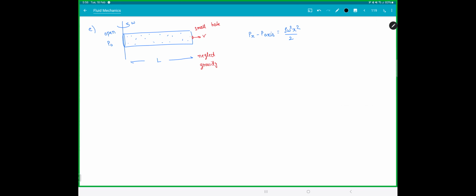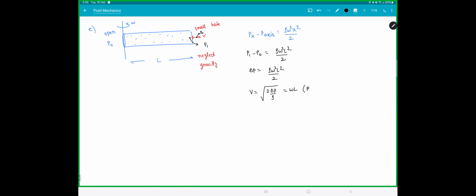So we want the pressure here. Let's call it P1. So P1 minus P axis is 0, P naught, which is rho omega square L square by 2. Outside the pressure is P naught. So this is your delta P, rho omega square L square by 2. So velocity of efflux will be root over 2 delta P by rho, which is omega L.